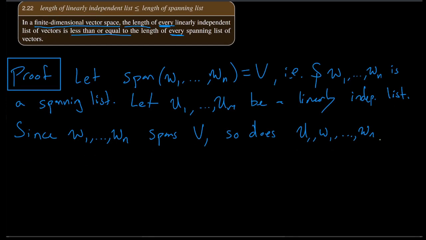Does everyone see why that is? Things that are in the span of W1 through Wn are just linear combinations of the W's. And so if you add an extra thing, just put 0 next to it in a linear combination, and you can still get all the linear combinations of the W's. So adding something to a list doesn't break its spanning property. Okay. So this is also a spanning list.